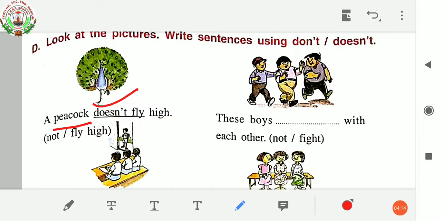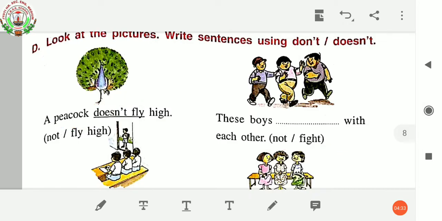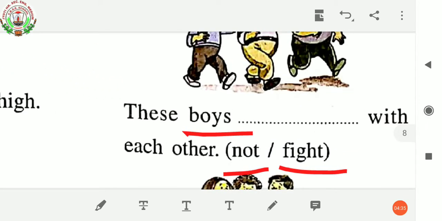These boys dash with each other. In the bracket, it is written not and fight. So boys is in plural form. So what do you have to use?